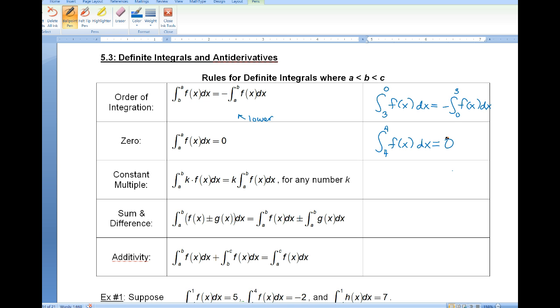All right, moving along. The next one, K, is basically a coefficient. So if I have 3 times f of x, it doesn't really matter what the bounds are, that 3 can go out in front. In other words, you could figure out the area under the curve of f of x and then just multiply by 3.